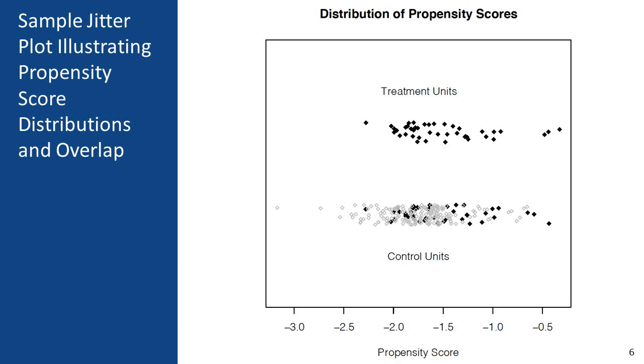That's the sort of thing we'd be looking for. This is an example, though, where 1-to-1 matching maybe isn't the best strategy. It looks like we're actually not using a lot of those gray diamonds who have propensity scores quite close to the treatment group distribution, those gray diamonds that are in the middle there. But this sort of figure can just help get a sense for where the data is and how much overlap we do and don't have, and what sorts of methods are going to make sense.